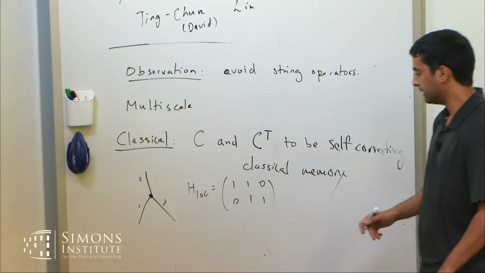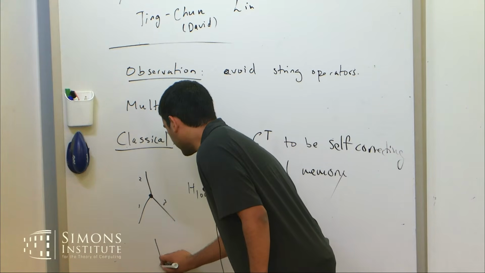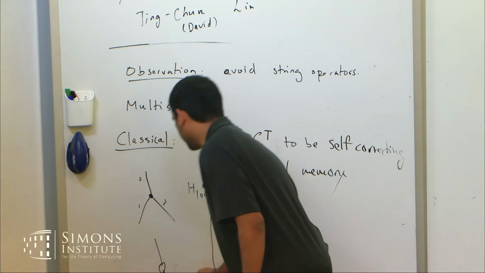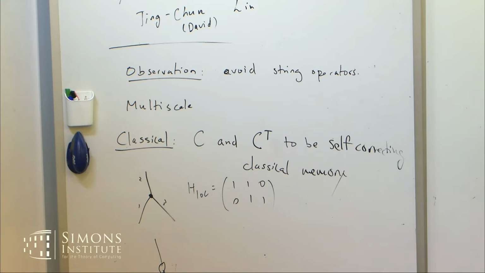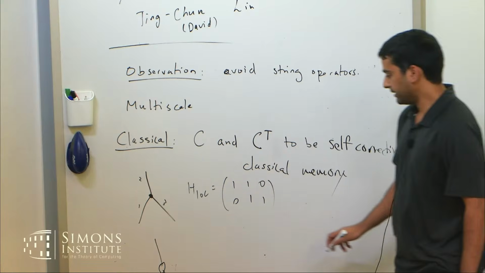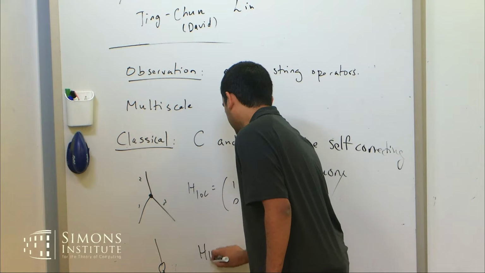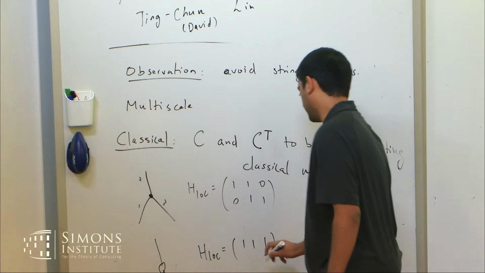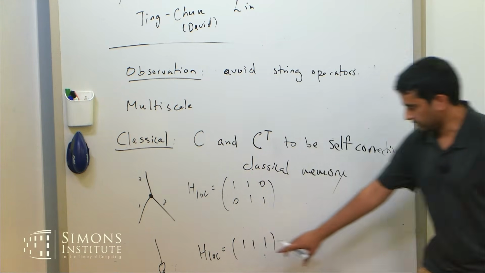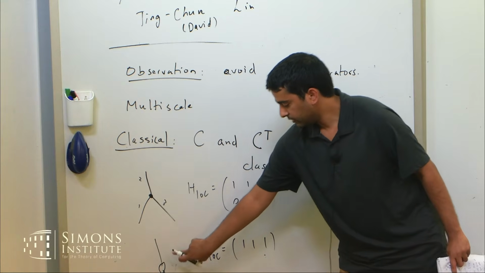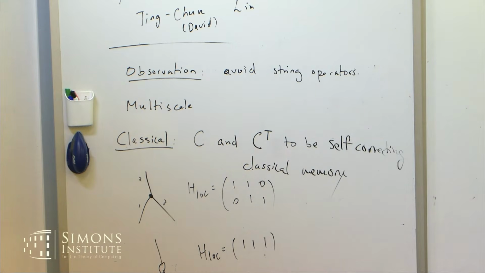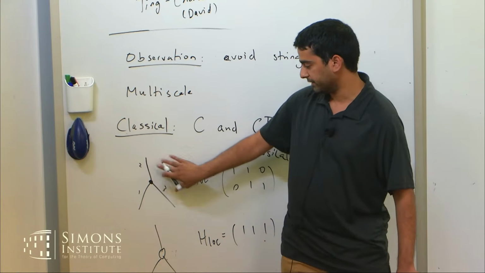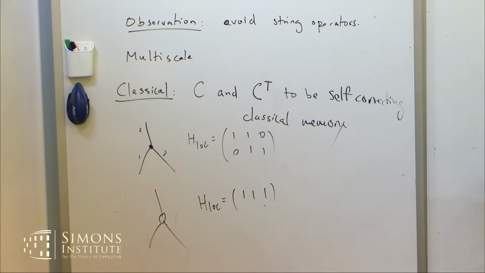And the other local code that we'll care about is something that's called a parity code. And the parity code will have a local parity check matrix, which is just 1, 1, 1. So the code words of this local parity code are basically all bit configurations which have even parity. And of course, the code words of the repetition code are the all ones or the all zeros.